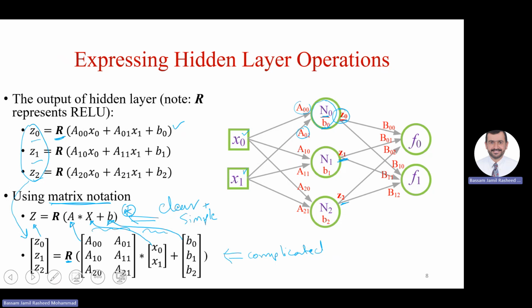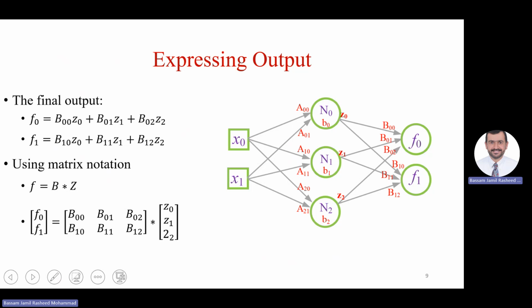Now next we'll see how we can express these outputs, which are F0 and F1. These are their values. So take a look at F0, for example. You have to multiply the output Z0 by this weight, Z1 by this weight, and Z2 by this B weight, and then sum them up, and that is the value of F0. And similarly F1.